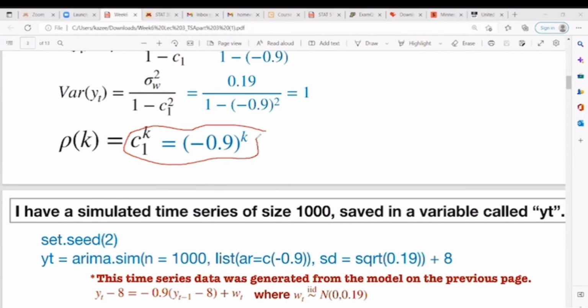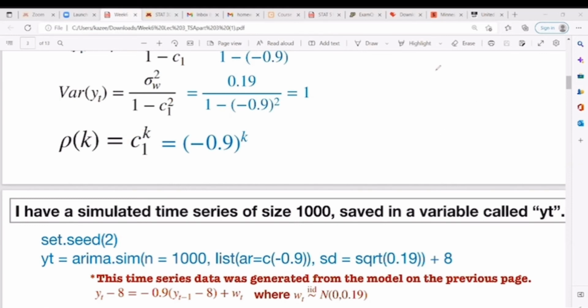Of course, at lag 0 the theoretical and sample autocorrelation are the same; they both give 1. But at every other lag they are not going to be the same, because if you plug in 1, 2, up to 30 here, you can calculate the theoretical autocorrelation. And I just showed you how you can calculate the sample one.